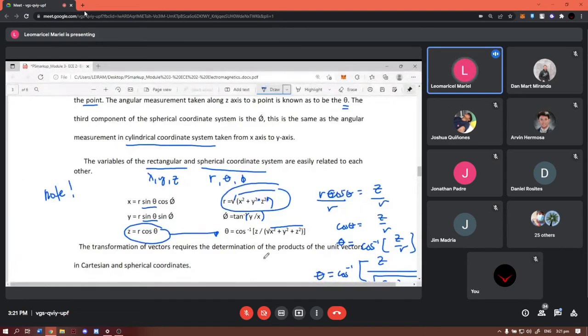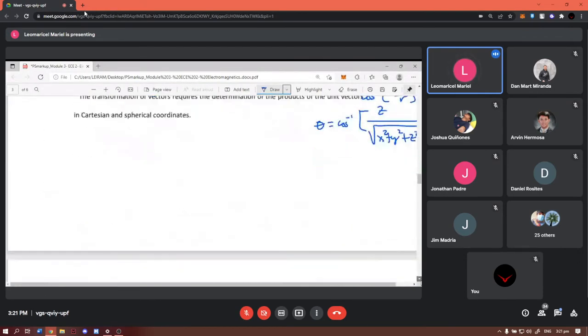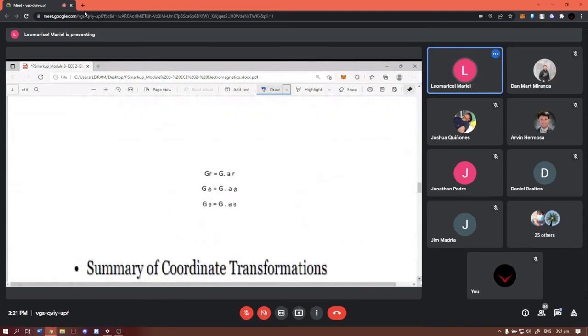So the transformation of vector requires the determination of the product of the unit vectors in Cartesian and spherical coordinate system. Okay? So, ganun pa rin.